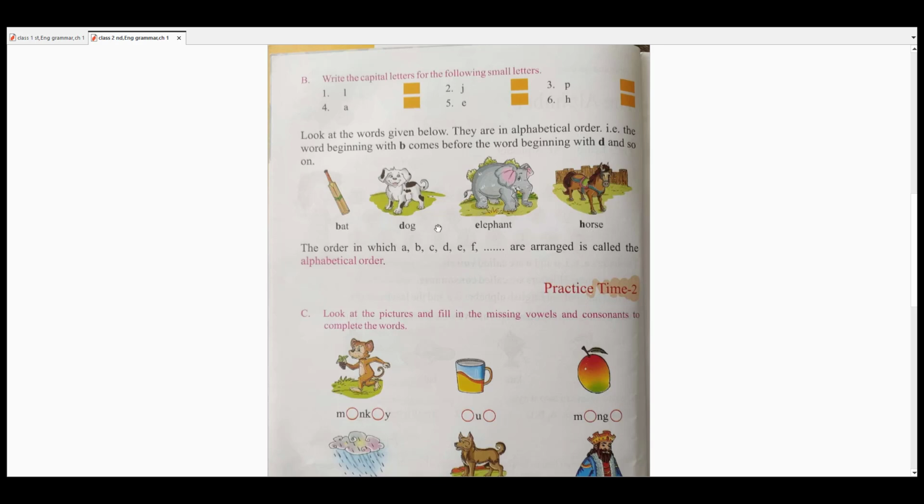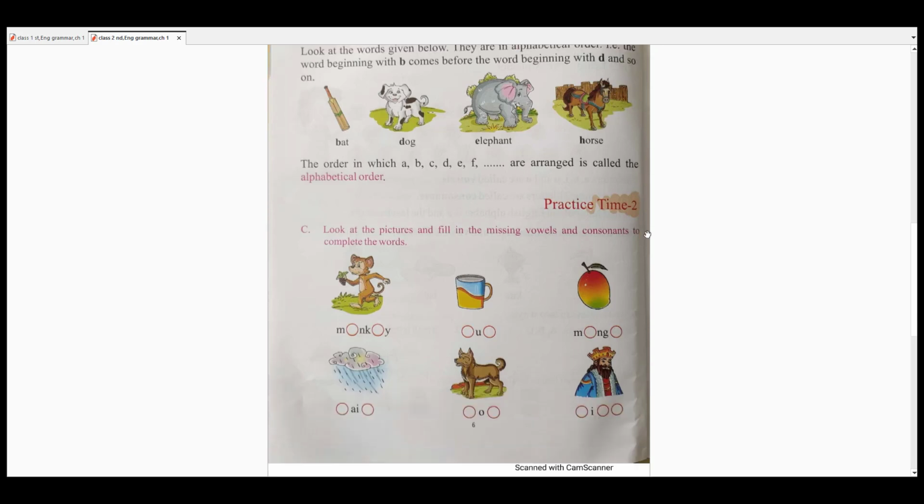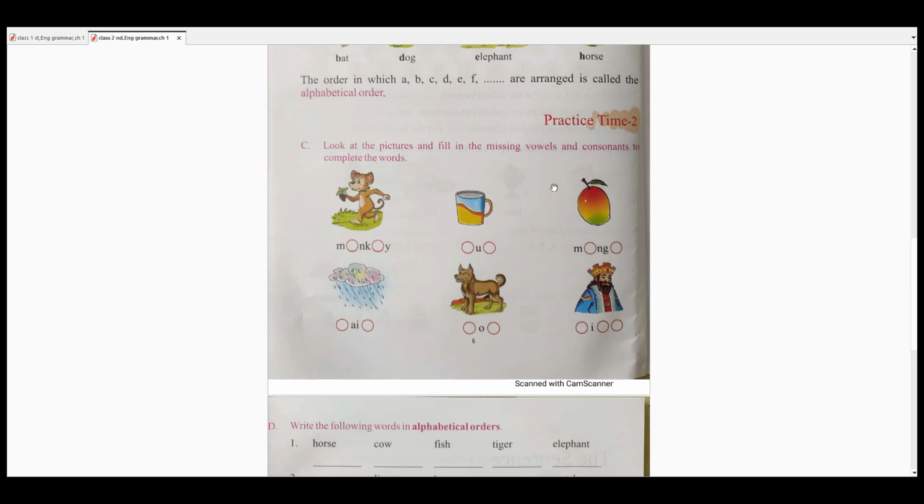So bat, dog, elephant, horse. If you want to arrange some words in alphabetical order, you just look at the first letter of each word and then arrange them in ascending or descending order. Here we have used ascending order, which means the smallest comes first and the further comes next, such that bat, dog, elephant and horse.